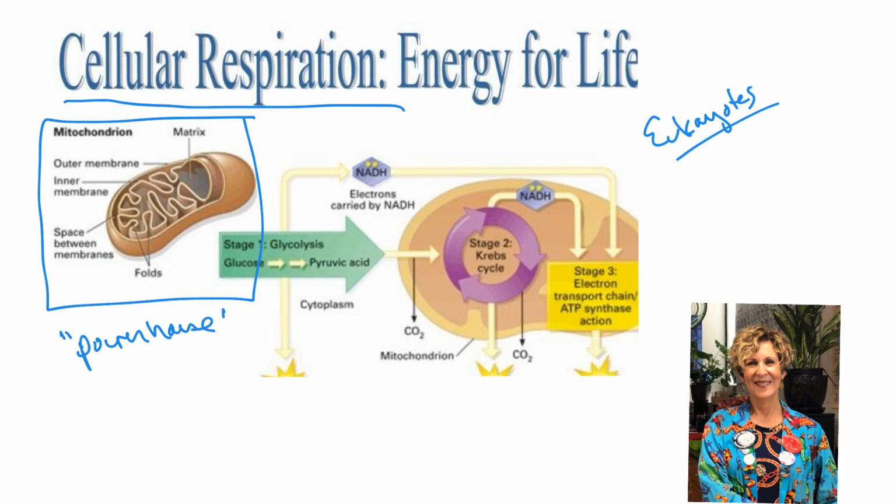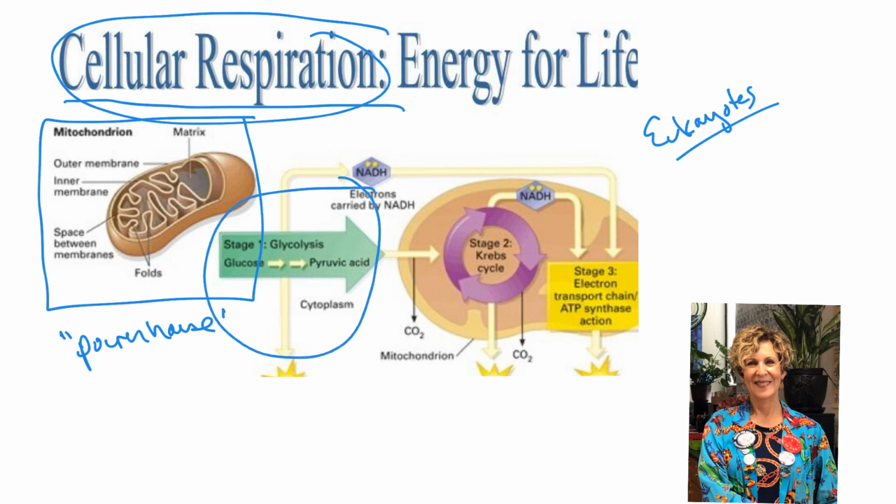So now we're going to learn about why that is. This grand chemical reaction is going to actually be broken down into 3 parts: glycolysis, Krebs cycle, or the citric acid cycle, and something called the electron transport chain that happens at the end.